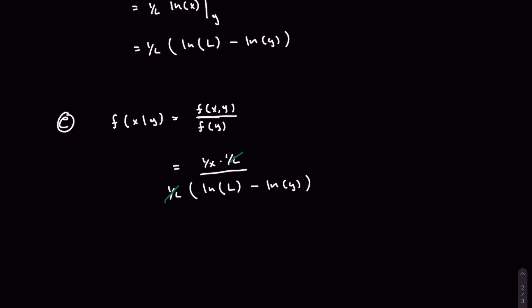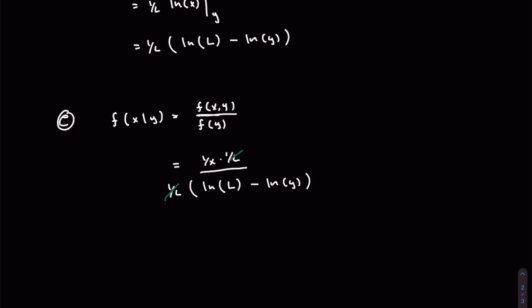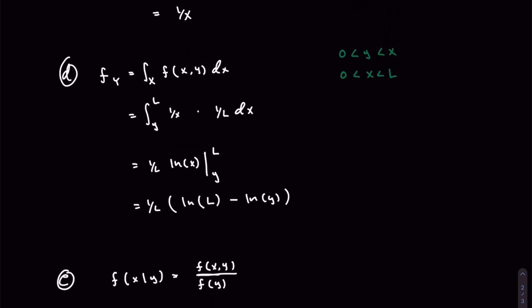Okay, and what is this support valid for? The support has to go from y, the support of x given y, up to L, which is exactly what agrees with this original support that we were given.